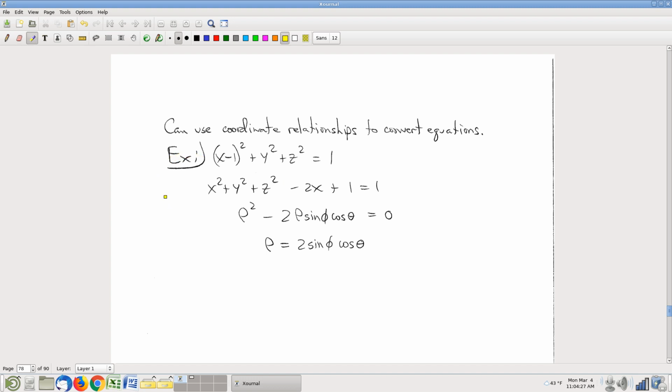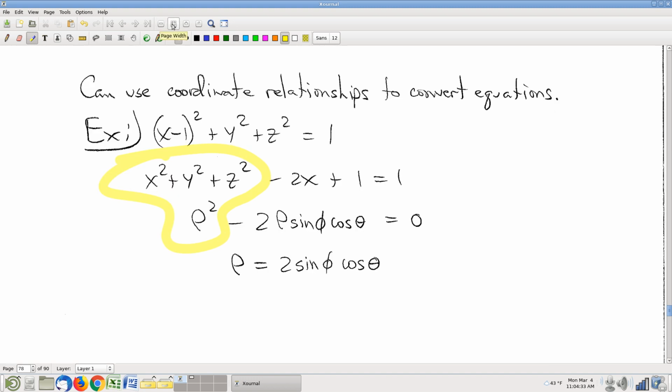Recall this conversion formula for spherical coordinates. Remember that x is rho sine phi cosine theta, aka r cosine theta. And solve for rho. And there you go. There's your spherical equation for this sphere.